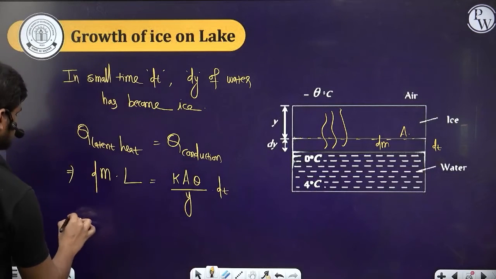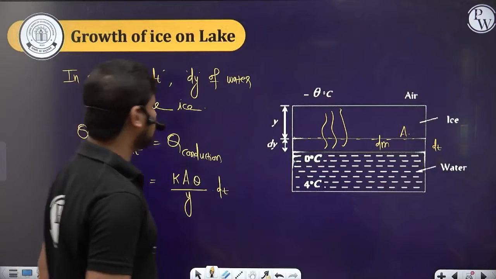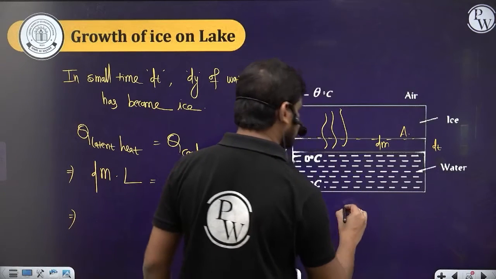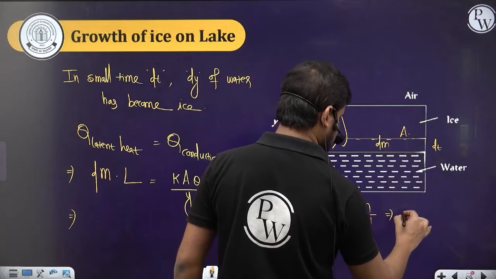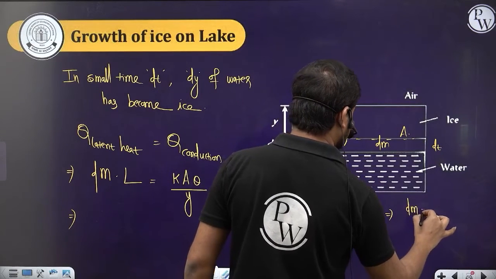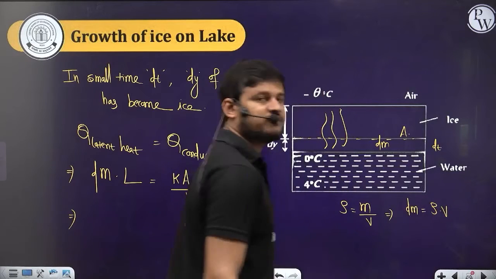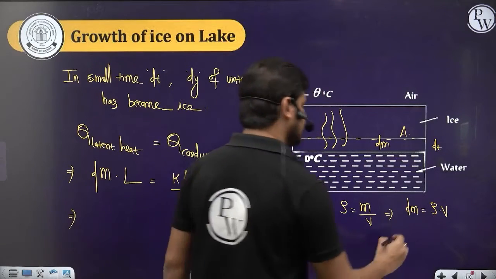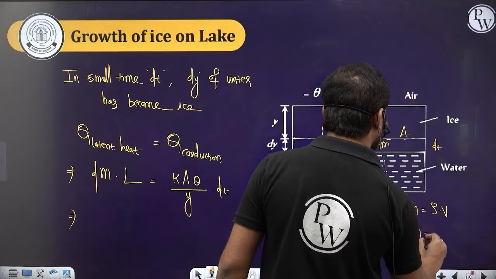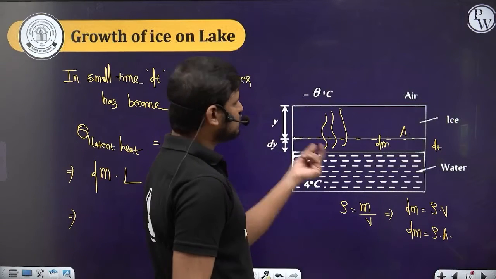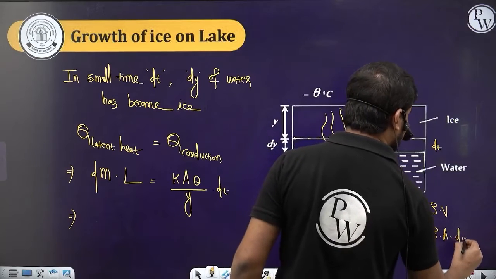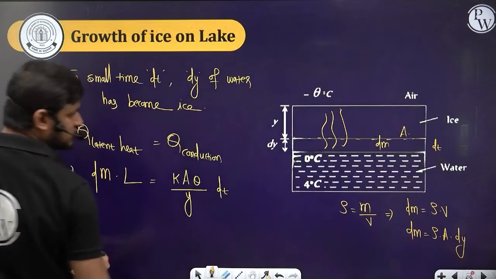So that's it. Now what I am doing is, let's write this mass in terms of density. You know that density is equal to mass upon volume. So from here, the small mass dm is equal to rho into v. Chalo. So dm is equal to rho into, in place of volume I am writing area into the width, so dy. Let's substitute that here.